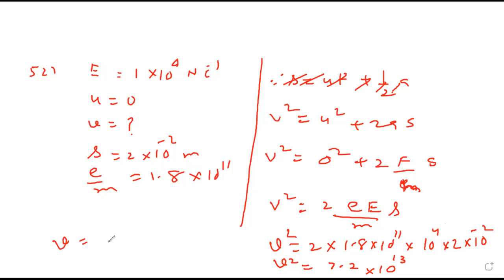Therefore, v is square root of 7.2 into 10 raised to 12. This is slightly greater than 2.6 into 10 raised to 6. Now check. Yes, option D.